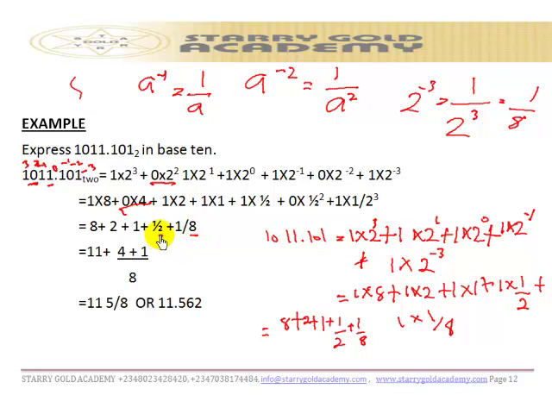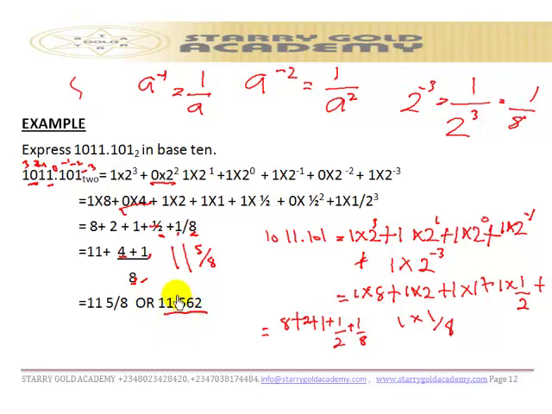The LCM of 2 and 8 is 8. 2 in 8, 4. 4 times 1 is 4. 8 in 8, 1. 1 times 1 is 1. If you add this together, you're going to have 11 as the whole number, then 4 plus 1, 5 over 8. In decimal, your answer will be 11.562.